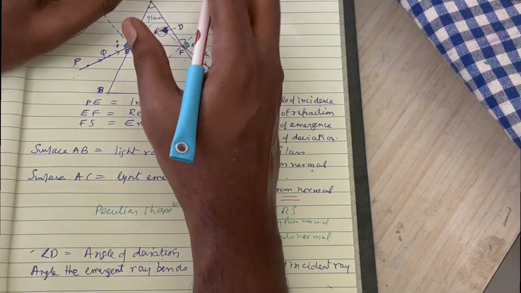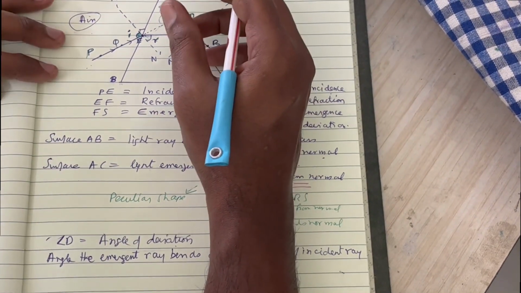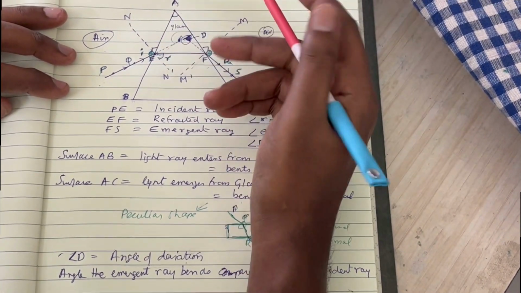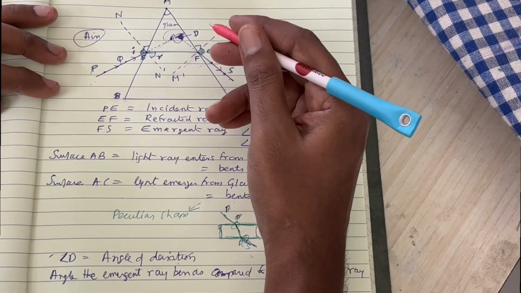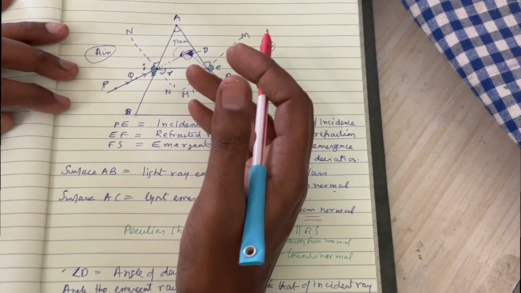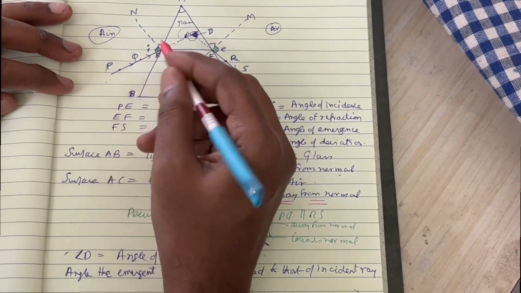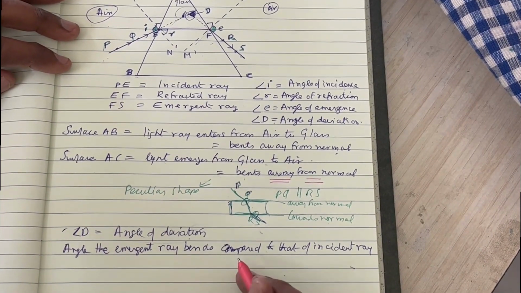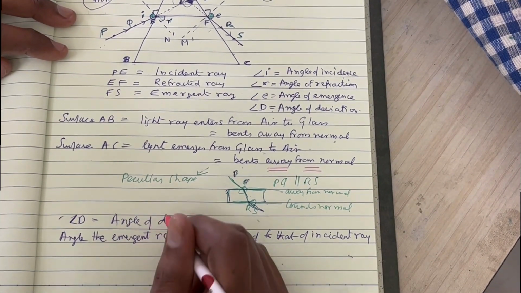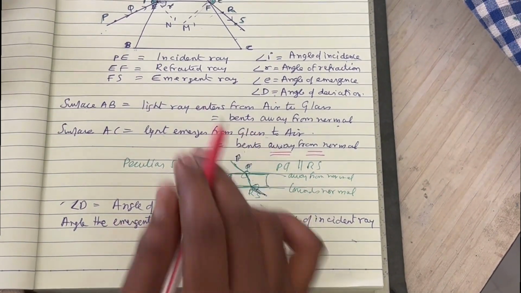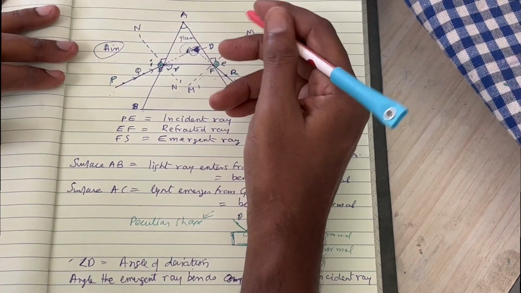So this angle of deviation is the angle by which the emergent ray has changed direction when compared to the incident ray. So a very important angle, angle D, the angle of deviation.